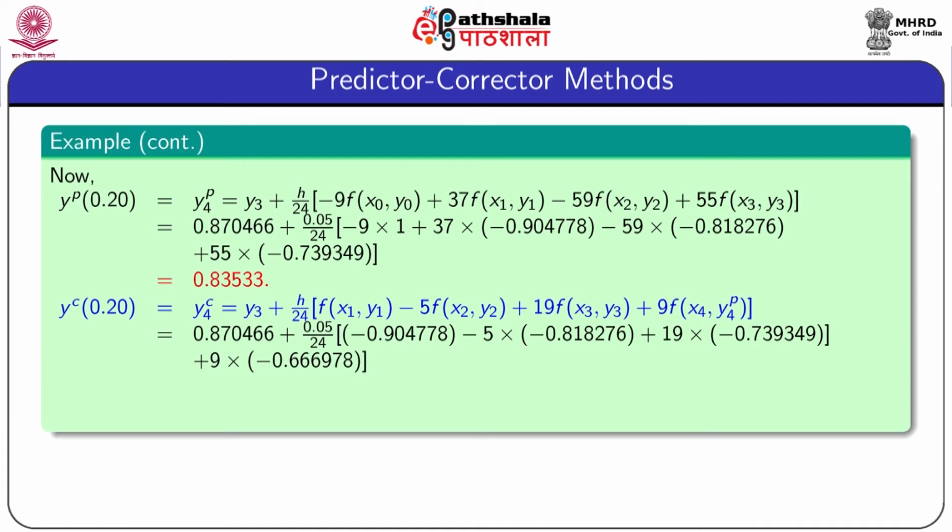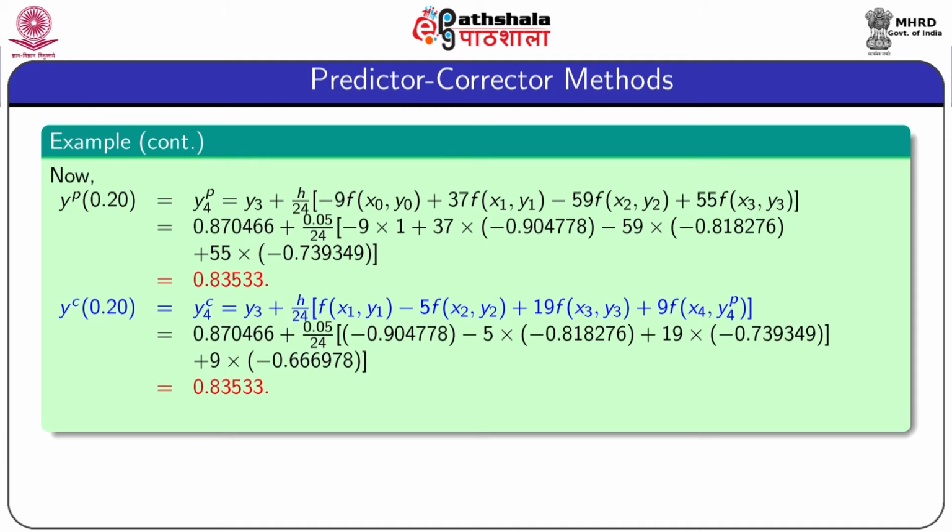Using this value we obtain this expression, and after simplification the value of y at 0.20 is equal to 0.83533. So this is the corrector value or corrected value, and the previous one is the predicted value.